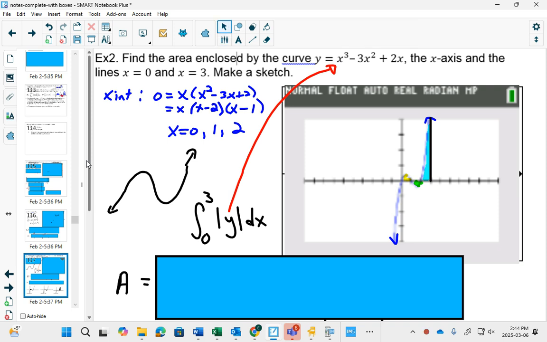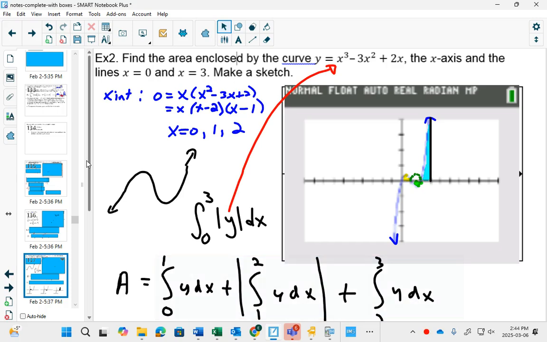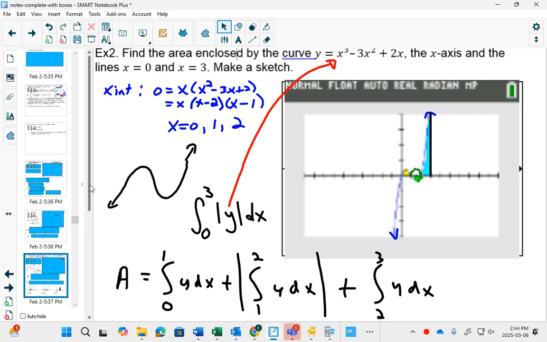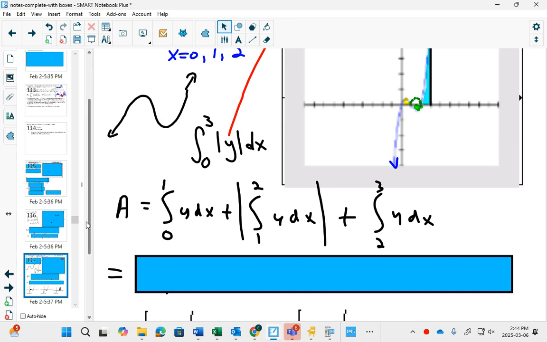Of course, in your calculator, you'd have to type the x cubed minus 3x squared plus 2x. But if you did the absolute value inside, that would take this part and reflect it up, giving you that green area as positive, and you could check your answer, which would be way faster than what we're about to do, which is do each one separately and put absolute value bars around that green section in the middle once we've calculated it.